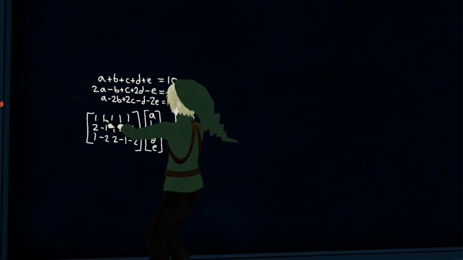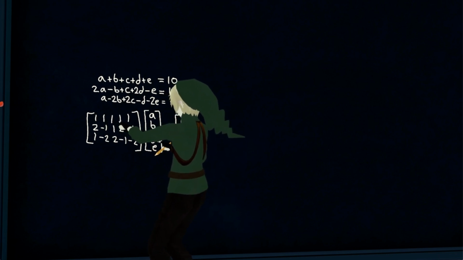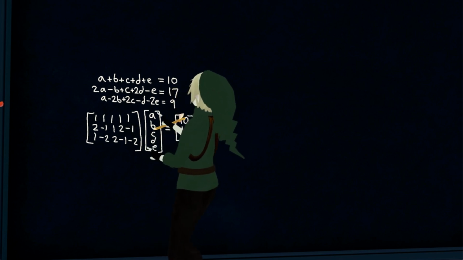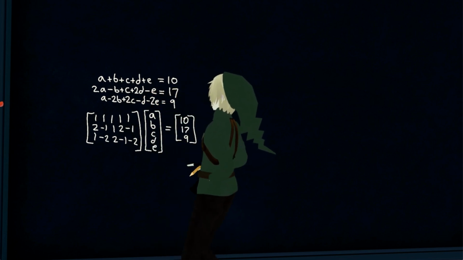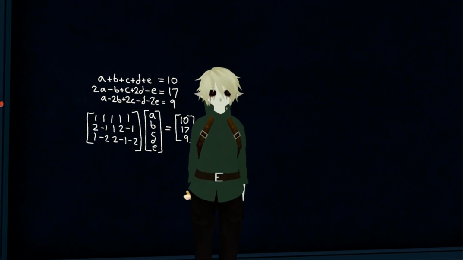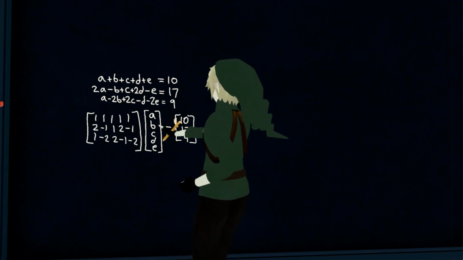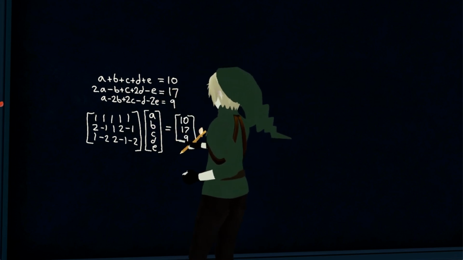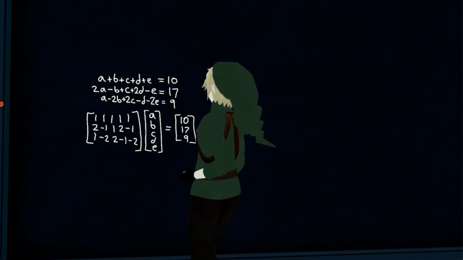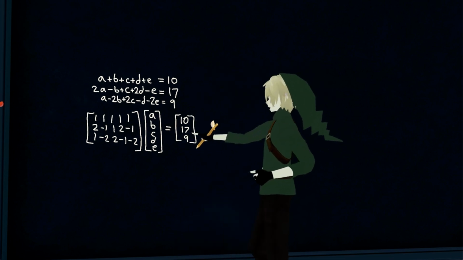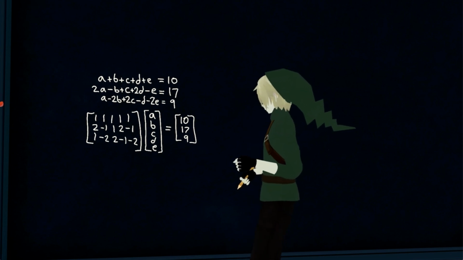Multiplying this plus the multiplication of this, plus the multiplication of this, plus the multiplication of this, you're gonna get literally this. Okay? So that's what this represents. So we could write this as a matrix equation. And this is what a matrix equation looks like.